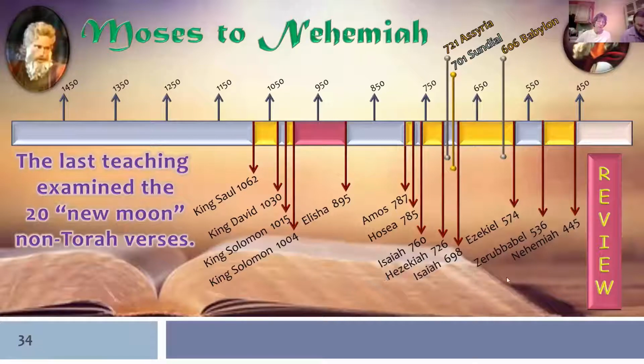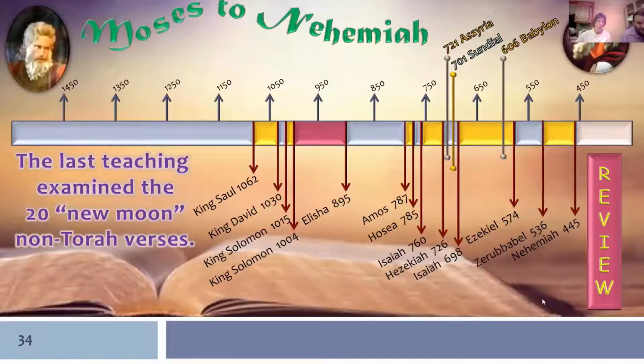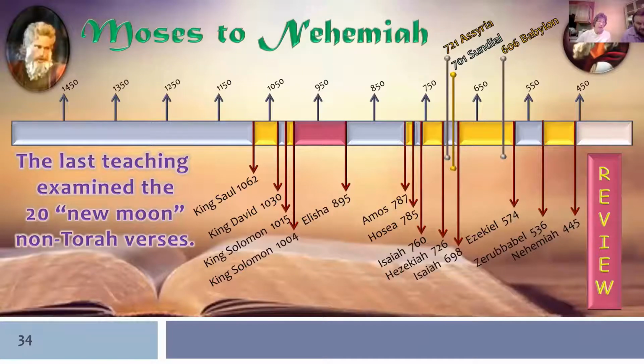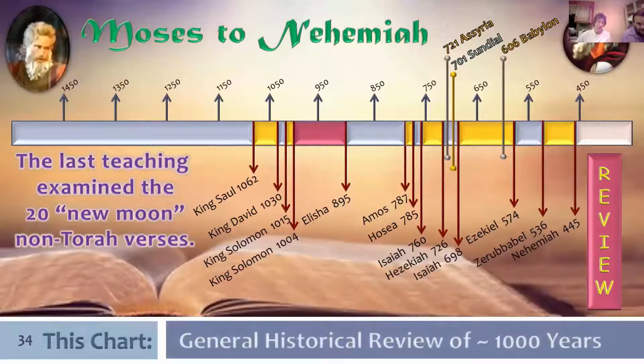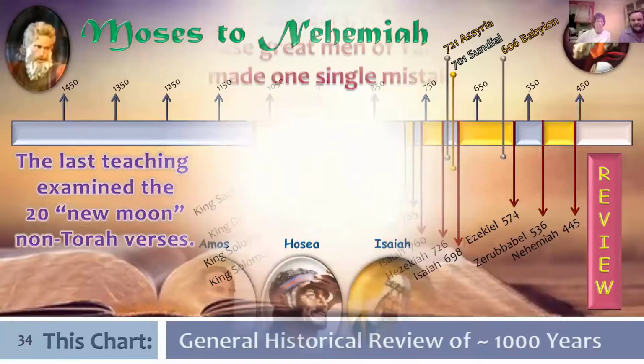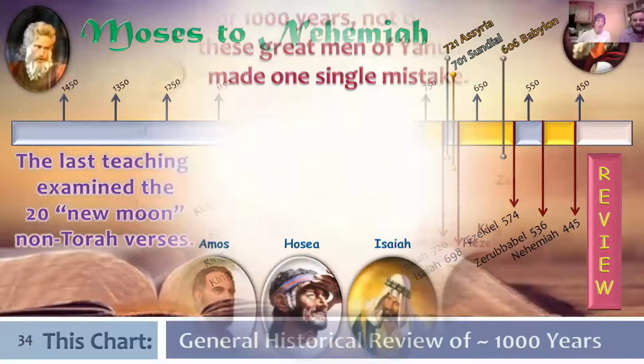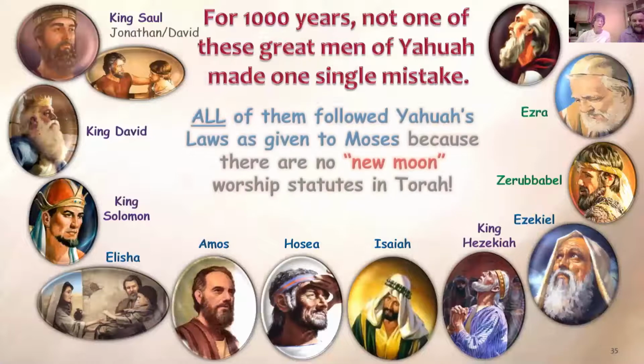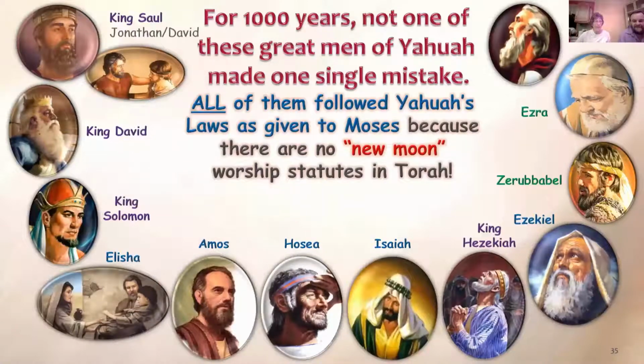So we discovered that basically from Moses to Nehemiah, and this is basically 1,000 years of history. So this chart is a general historical review of 1,000 years of history where the calendar was exactly the way that we're finding it and teaching it. Okay, so let's get going now. For 1,000 years, not one of these great men of Yahuwah made one single mistake. Go ahead.